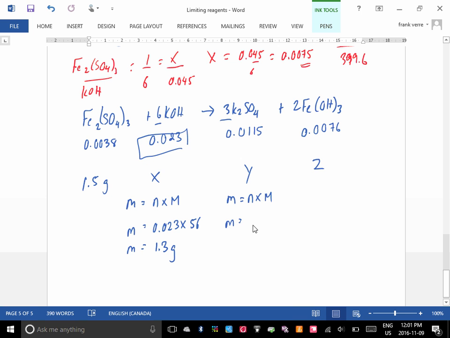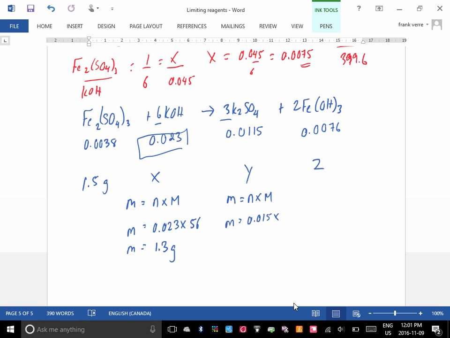Okay, so the number of moles is 0.015, and the molar mass of potassium sulfate is, so potassium sulfate is 2 potassium, 1 sulfur, and 4 oxygen.